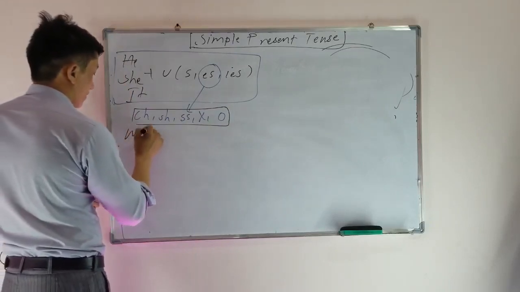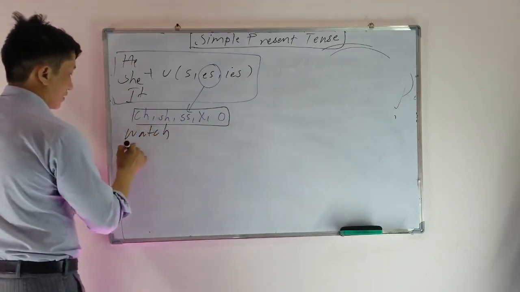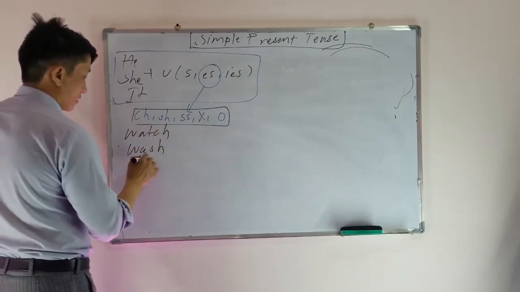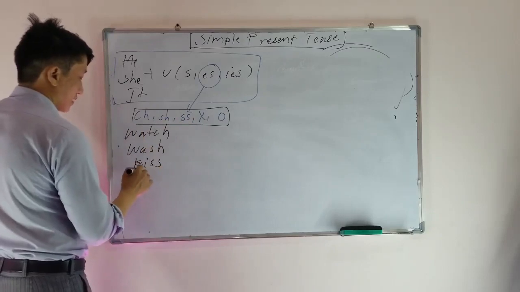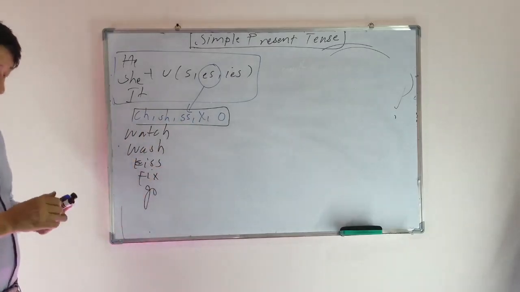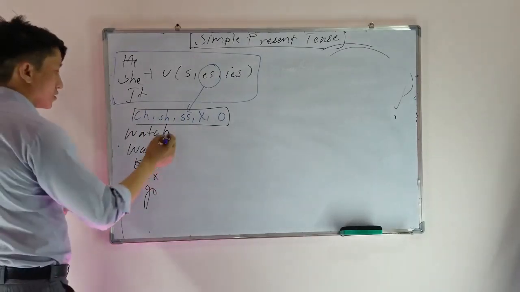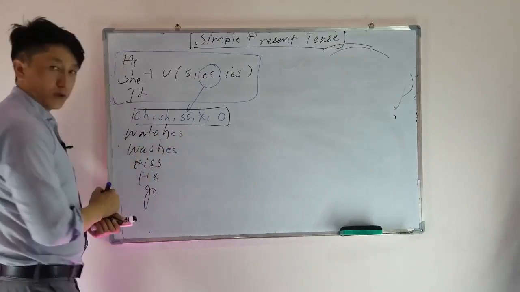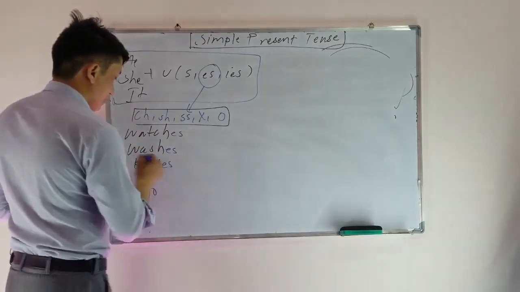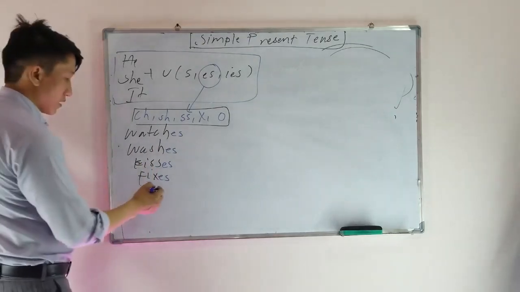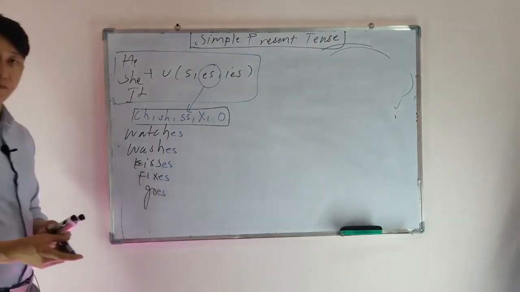For example, we have watch, wash, kiss, fix, and go. Now if I have such verbs, watch becomes watches, wash becomes washes, kiss becomes kisses, fix becomes fixes, go becomes goes.